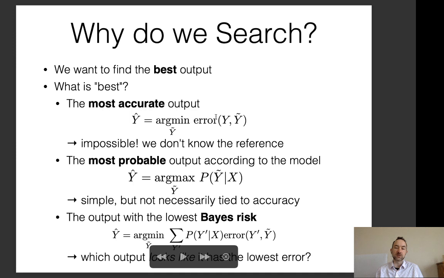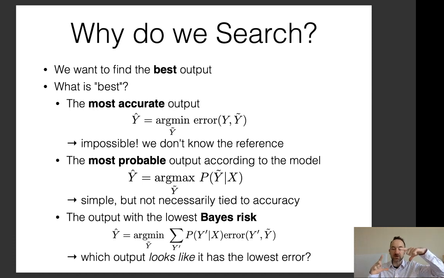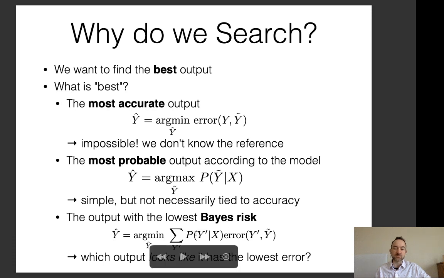In practice, one way you can do this is by outputting an n-best list, or some sort of list of n outputs, calculating the probability of each of them, then calculating a matrix of errors between these values, and then using that to calculate this expectation.